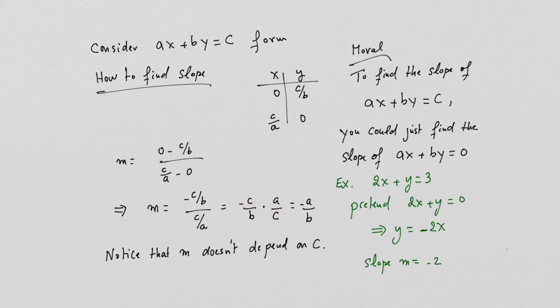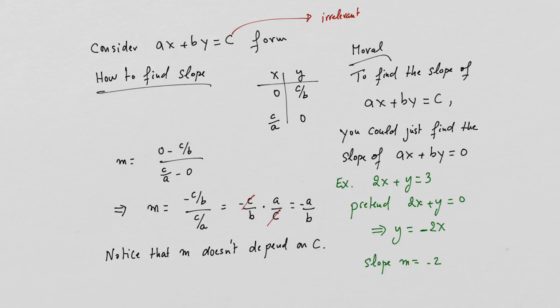C cancels. That's the key. That is the exact key. C cancels. That means C was irrelevant. Okay? You'll see that a lot in physics. When you cancel something, it is irrelevant. And therefore, my slope is just negative a over b.